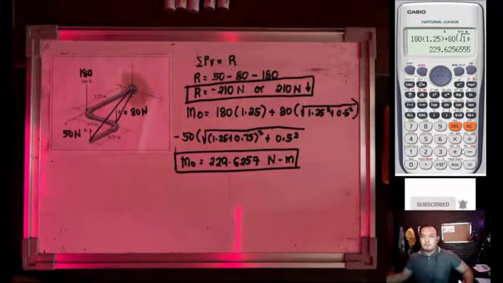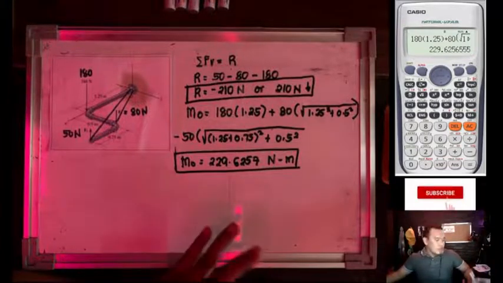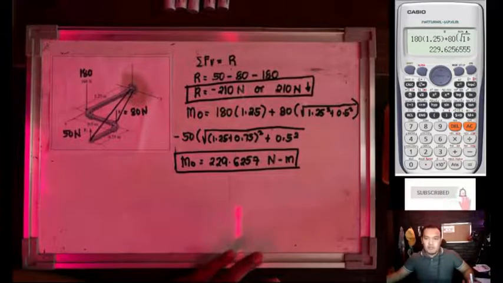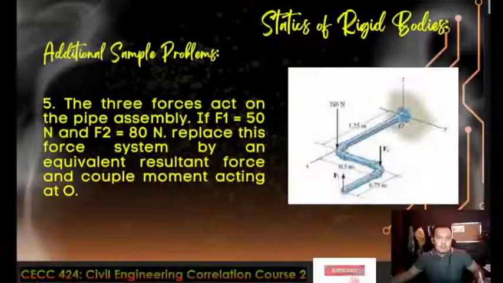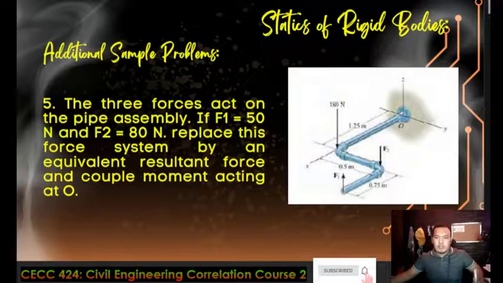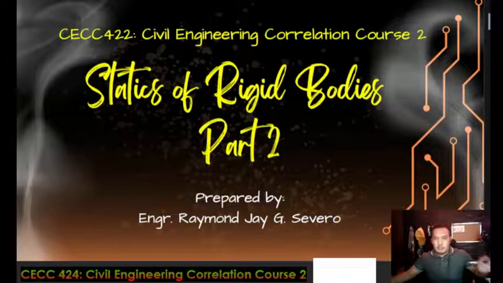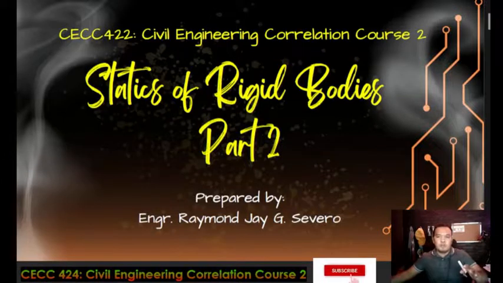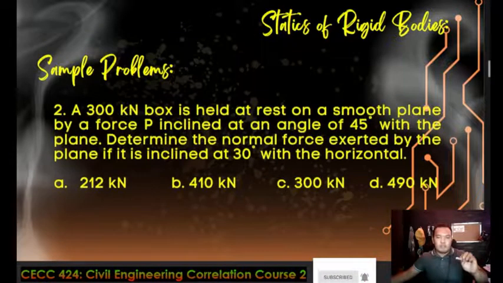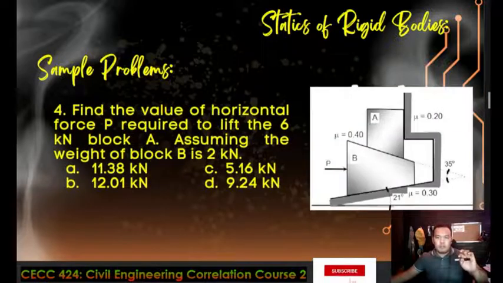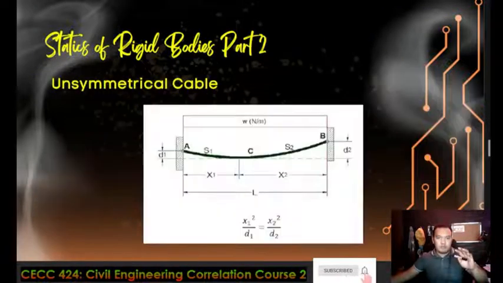Okay? So, I hope na itong video to ay nakatulong sa mga nagre-review. Although 5 problems lang to, sana kahit yung concepts ng pag-solve ay nag-gets ninyo. Then, next video ko na lang siguro itong part 2 ng aking statics of rigid body. Abangan nyo yung susunod na video ko, which is itong mga pina-flash kong problems.